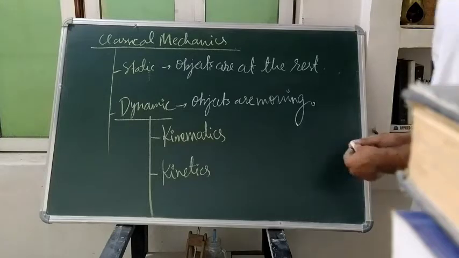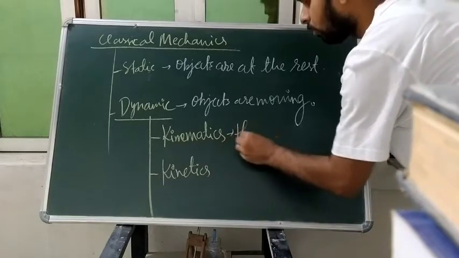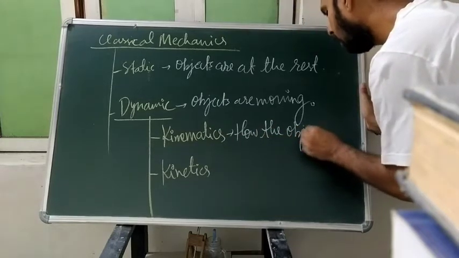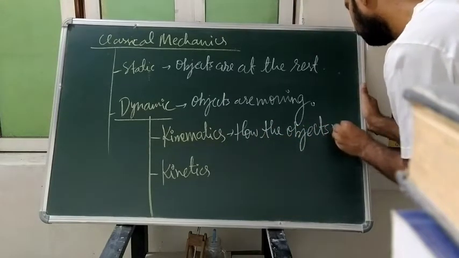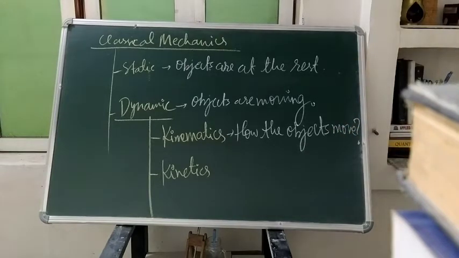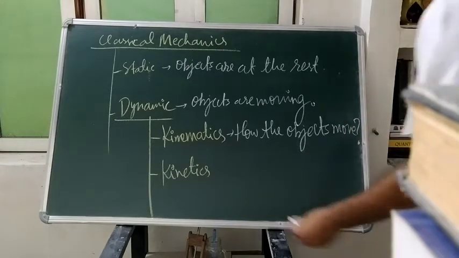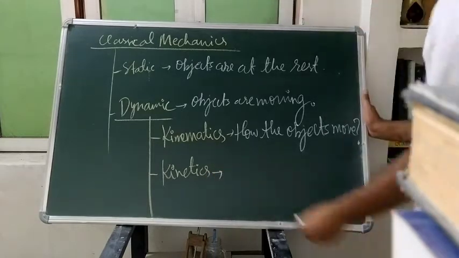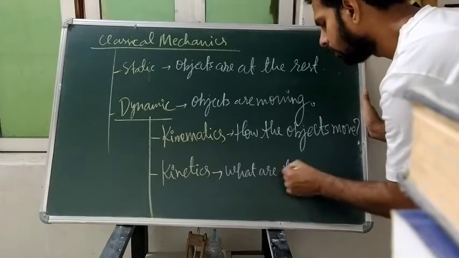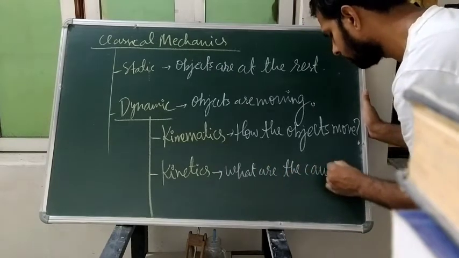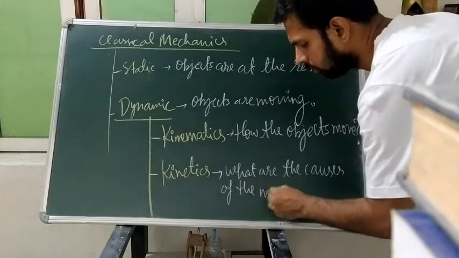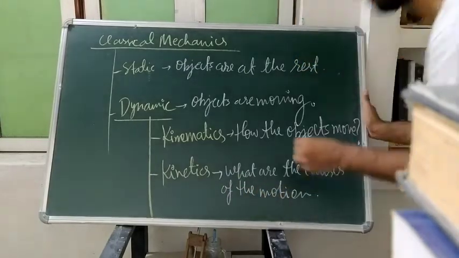In kinematics we will say how the objects move, whereas in kinetics we will say what are the causes of motion.